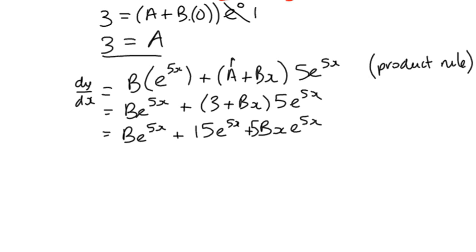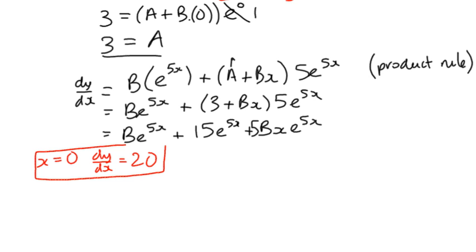What we're told is that when x equals 0, dy by dx equals 20. So here's dy by dx on the left-hand side, which is equal to 20.